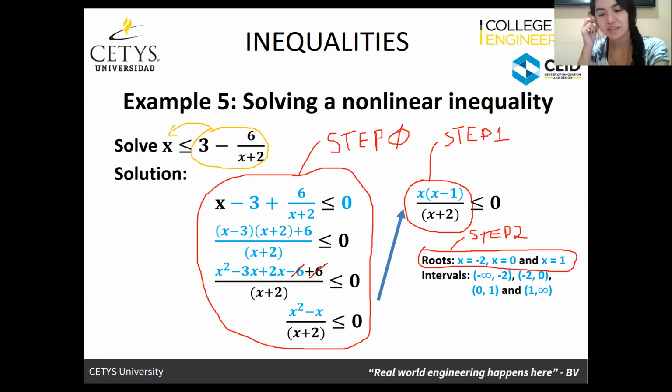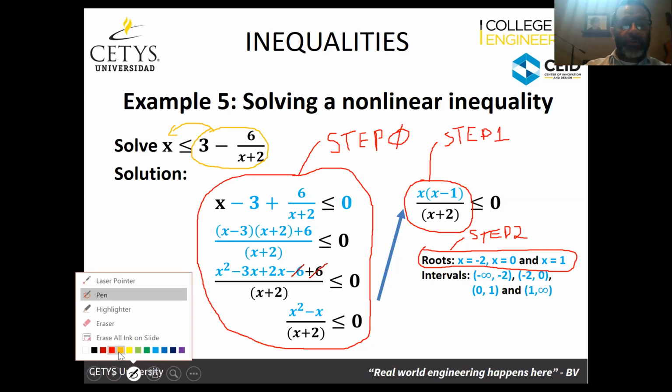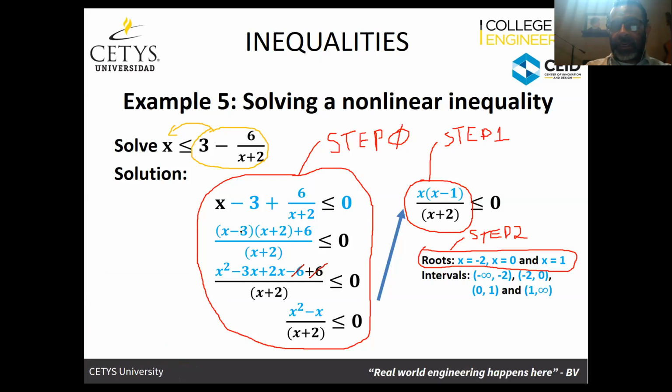Thank you. Yes, please, go ahead. The roots are the values of what? The roots are going to be the values that make the factors 0. So Estrella, let's look at these. These are the 3 factors. This is one of them. So what makes x 0? 0. Then the other factor is x minus 1.